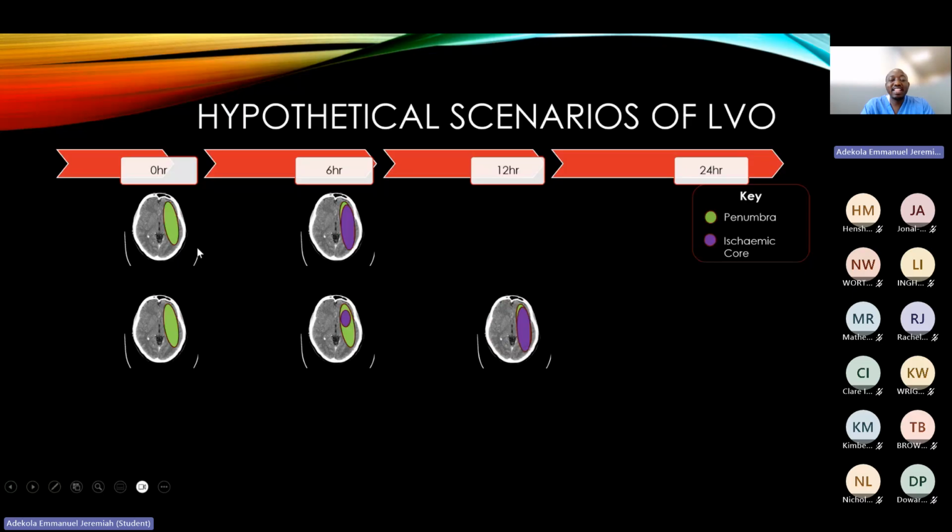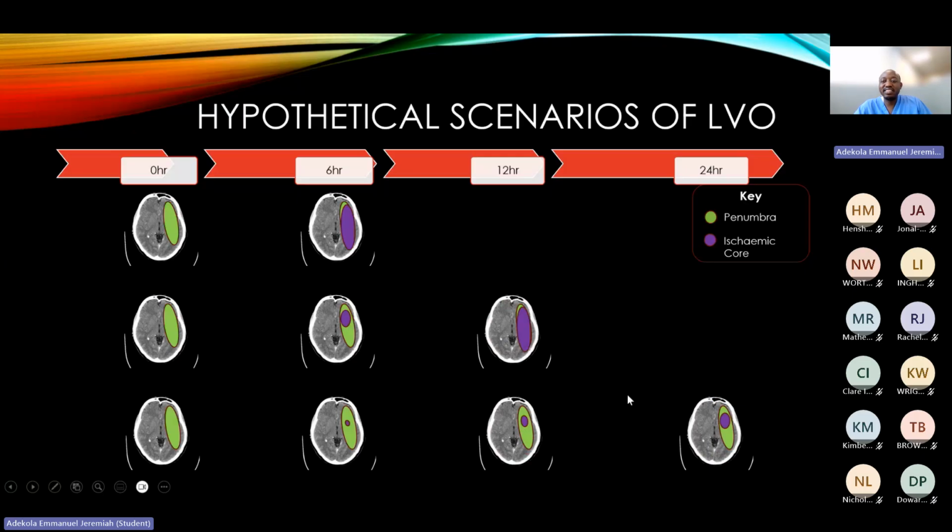On the first one, at 0 hours, we can see early ischemic damage and the penumbra, which is the green coded part. However, as time goes on, the penumbra tends to reduce in size, and the core, which is the purple part, is getting larger.